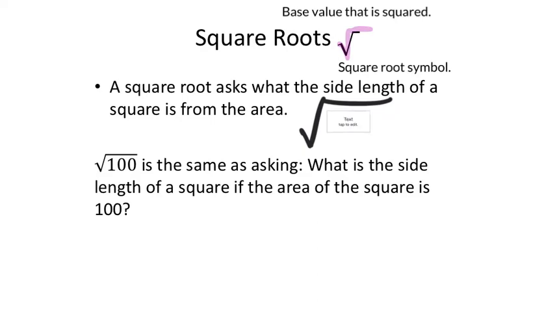What's on the inside of that is the area of some square, but what it asks you to do is find the side length. Whatever you get out of this would be the side length from whatever that area is. So when we see something like this, it is the square root of 100. That's how that reads.